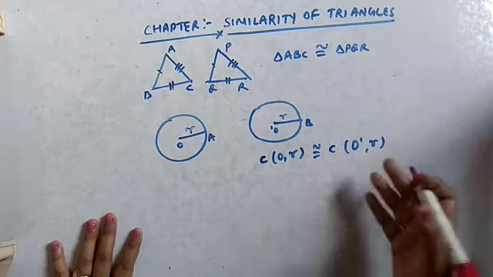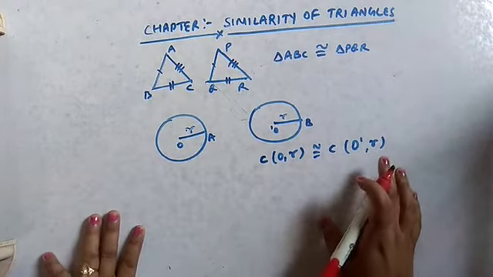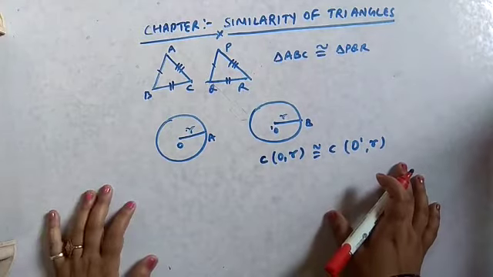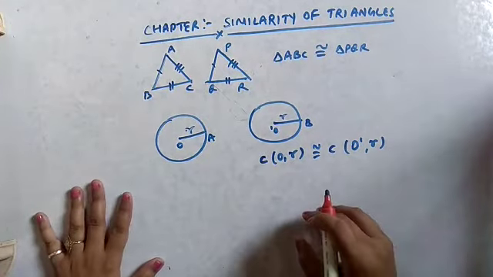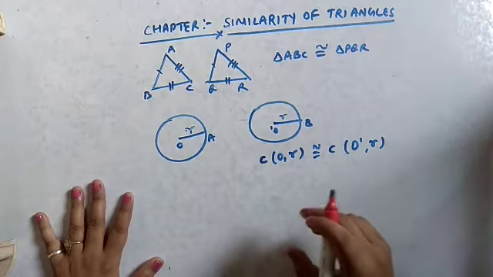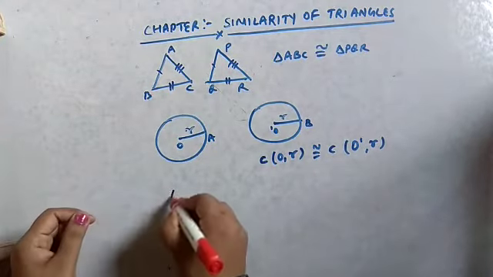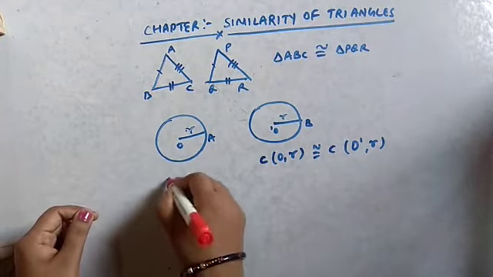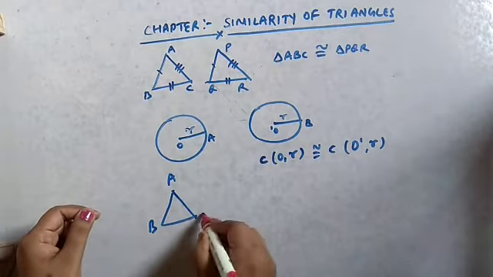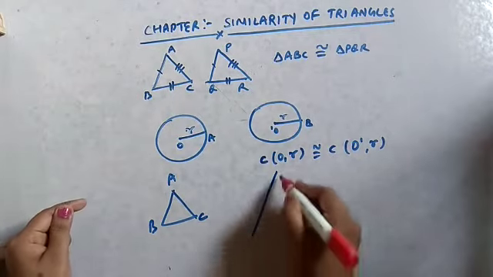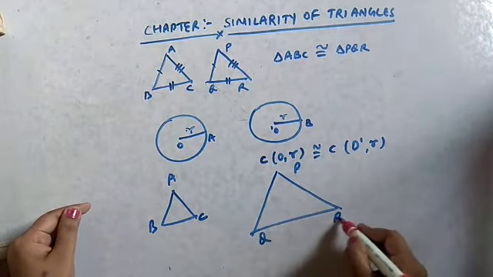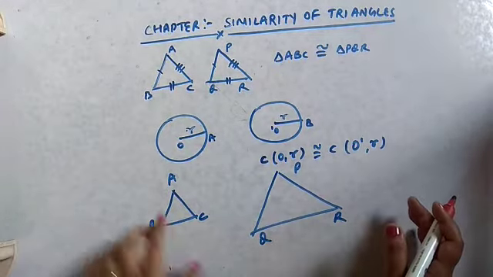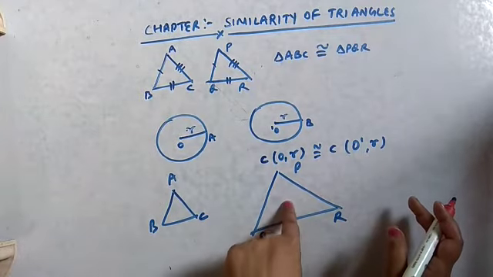Now, if we have two geometrical figures which are not equal in shape, but they look like each other, then they are said to be similar. Suppose I am taking these two triangles, A, B, C and one more triangle P, Q, R. It is clearly visible that this is smaller than this one.